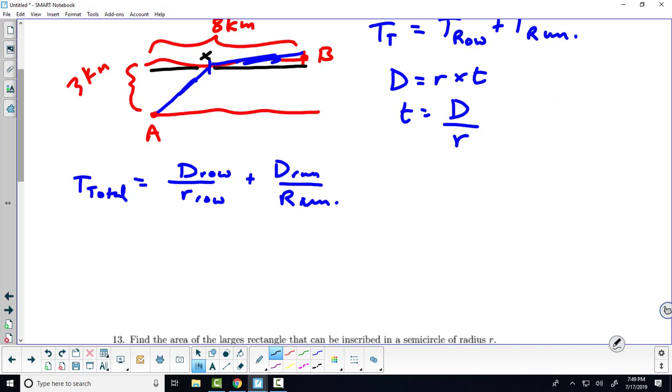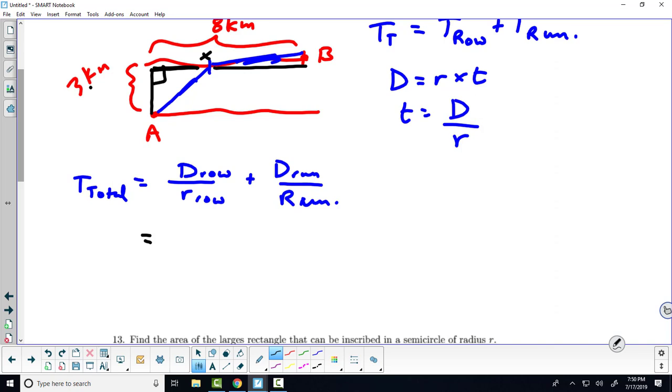Okay, so what is the distance that you row? I'd rather actually calculate it using x. So what can we see here? Well, because this is a straight river, we formed a right triangle, right?